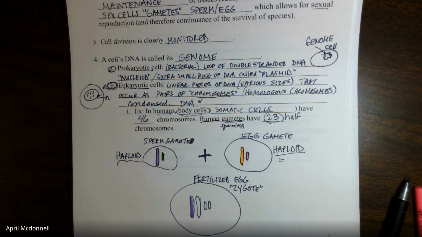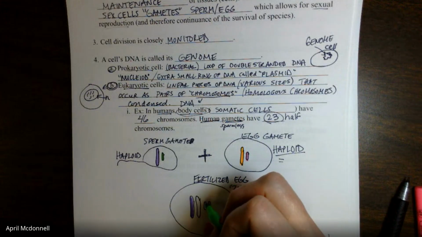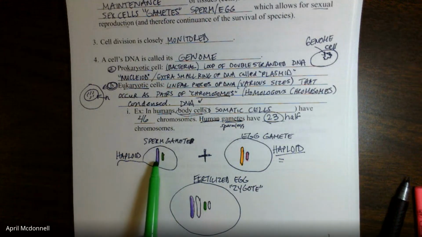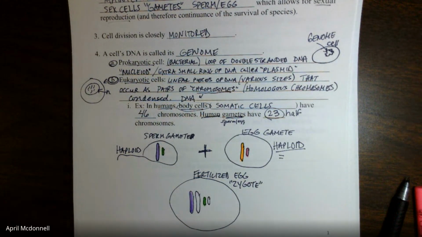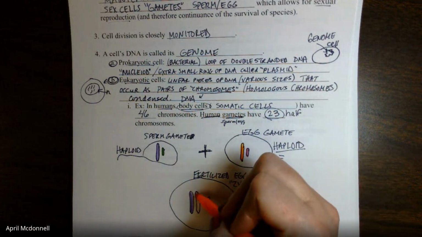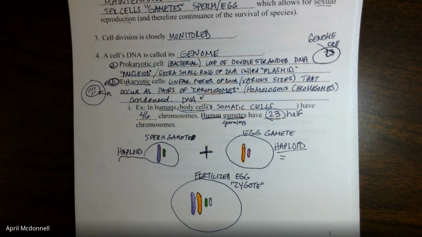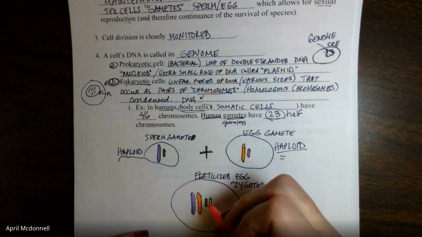Let's do the DNA that the egg inherited from the sperm cell first. You can see the sperm cell had a big purple chromosome and a little green chromosome. And then let's go ahead and color code the other chromosomes that the fertilized egg inherited from the egg cell.